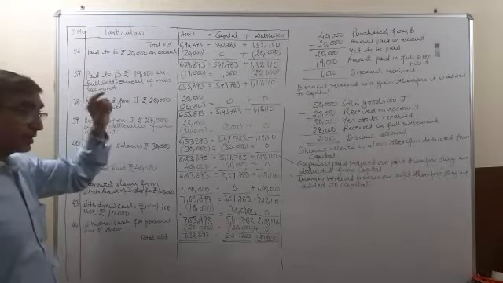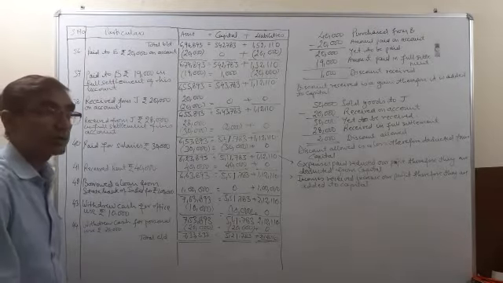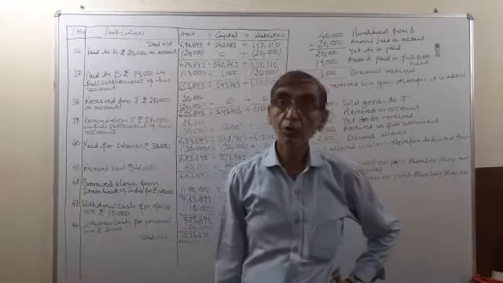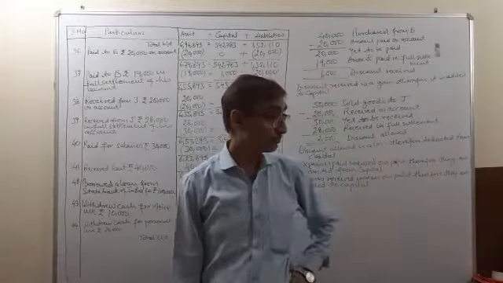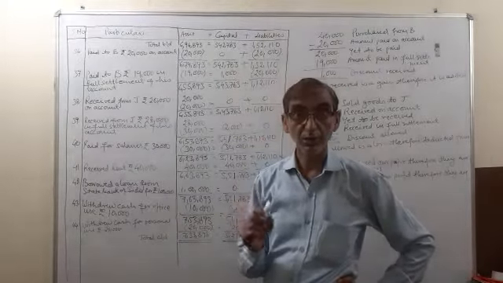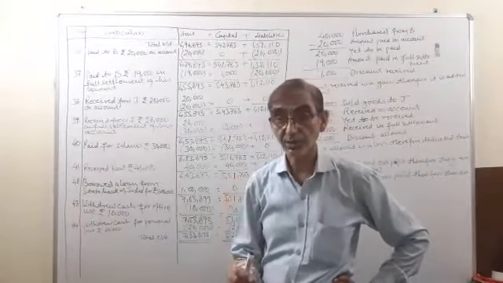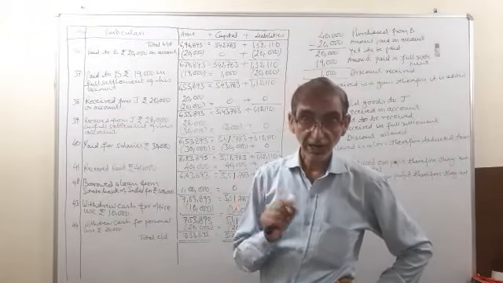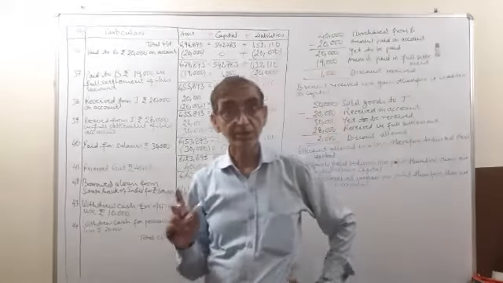In there, the transaction was purchase goods from B for rupees 40,000. We have purchased goods from B for rupees 40,000. It was not mentioned whether this purchase was for cash or on credit.